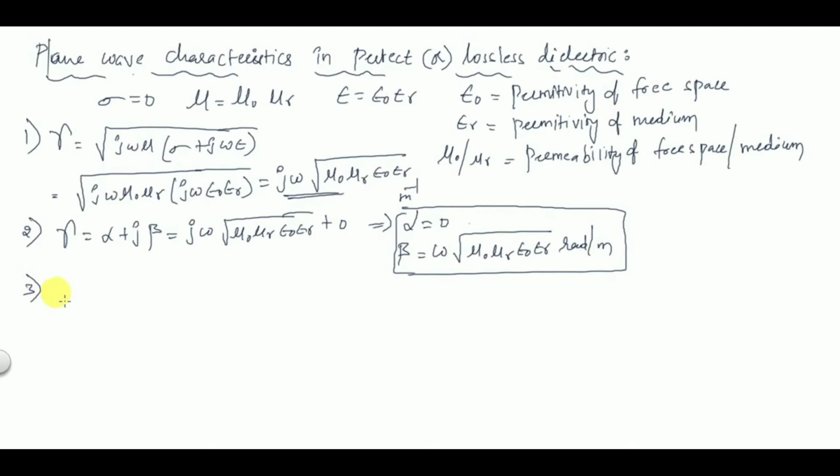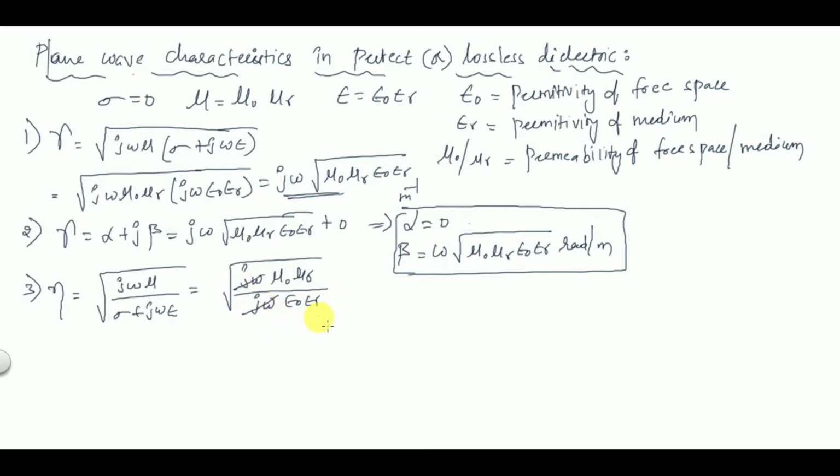Okay, so third, intrinsic impedance, root of j omega mu by sigma plus j omega epsilon. So root of j omega into what is the mu value? Mu naught into mu r, by sigma is 0, so it will be j omega into epsilon naught into epsilon r. J omega gets cancelled. Okay, so what is left is root of mu naught by epsilon naught into root of mu r by epsilon r.